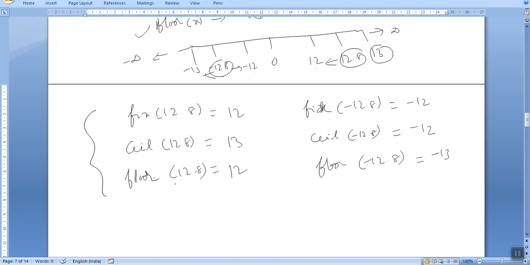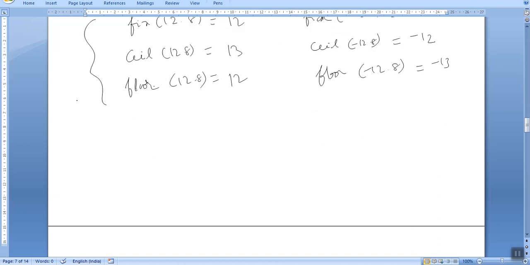Okay, now coming after that, the mod function, mod of a comma b. Mod of a comma b is a minus b into floor of a by b.